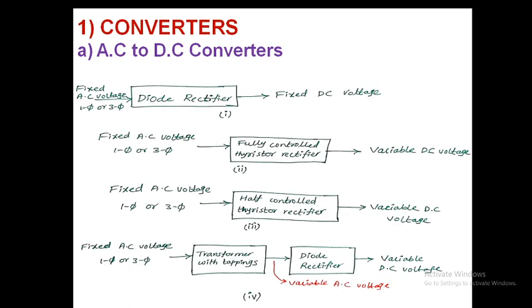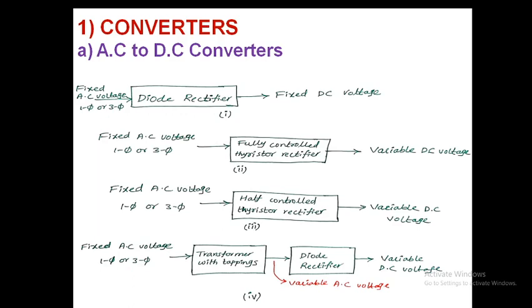If you see the fourth one, for the same fixed AC voltage, either single phase or three phase, we use transformers with tappings. If you provide the transformer with tappings, for different tappings we'll get different AC level voltages.